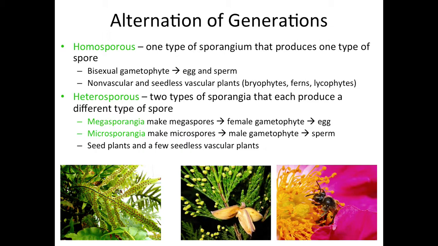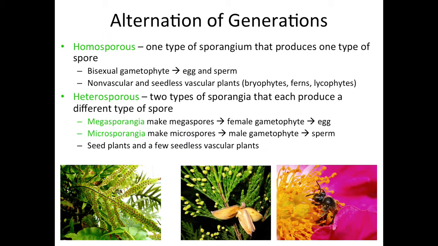In other types of plants, like gymnosperms and angiosperms, you have what's known as heterospory. In heterosporous plants, there are two types of sporangia. There's megasporangia that produce megaspores, and there are microsporangia that produce microspores.